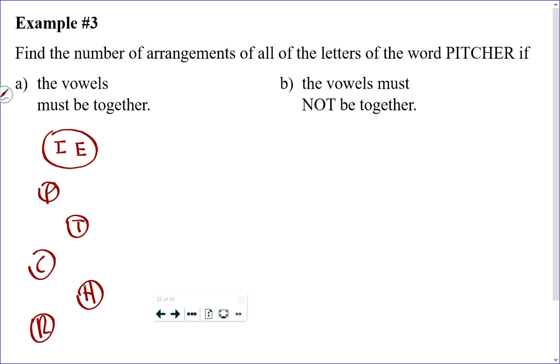When I count these, I'm arranging 1, 2, 3, 4, 5, 6 items. It's 6 factorial. But I also have to arrange the vowels, the I and the E, which is 2 factorial. And that gives me, I think, 240.